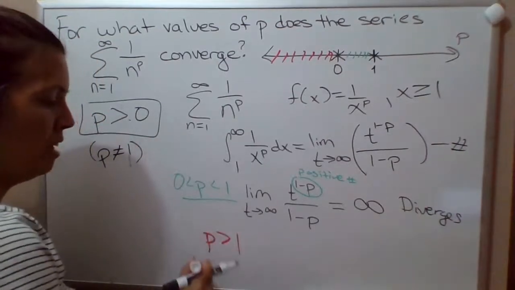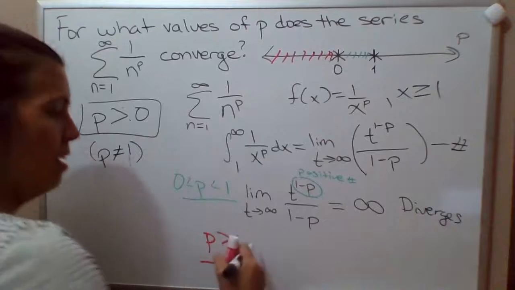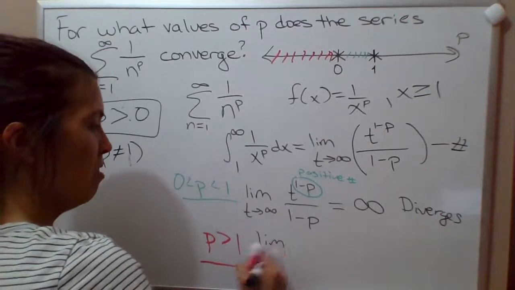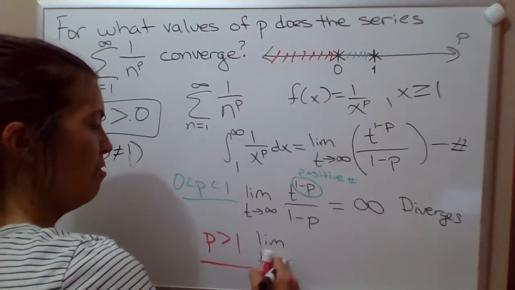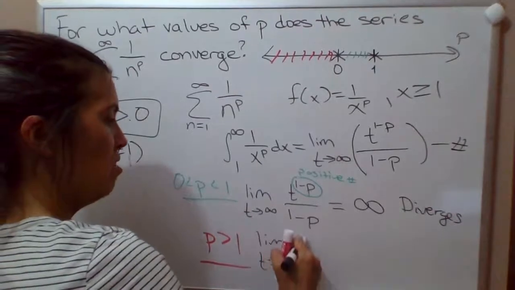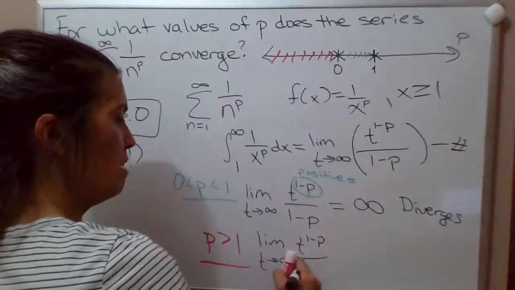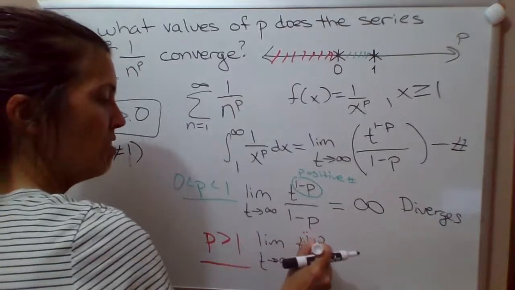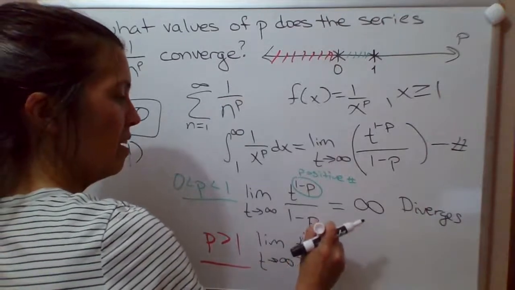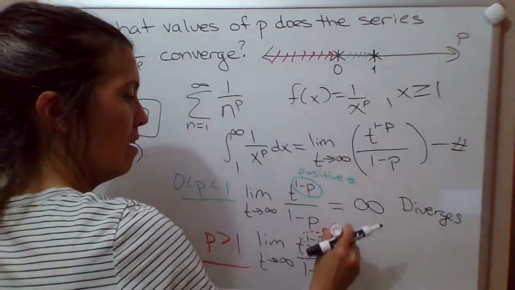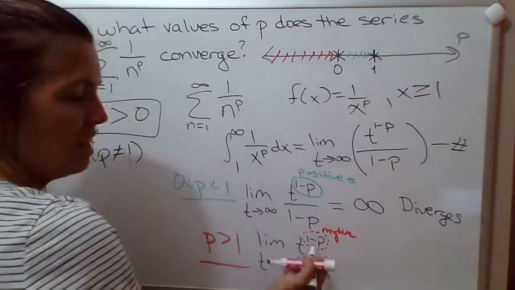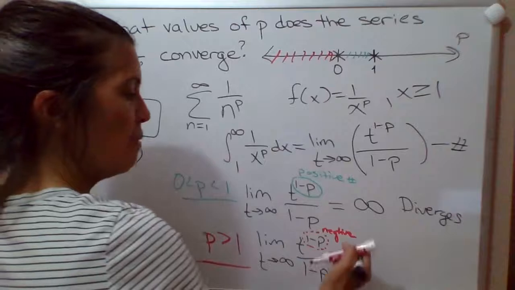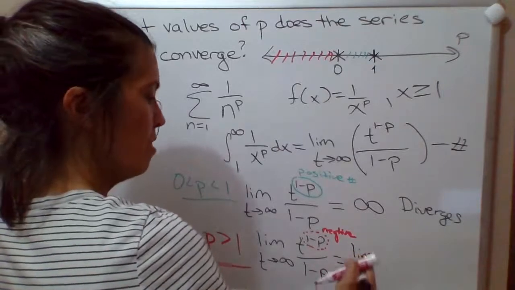If p is strictly greater than 1, then again, let's inspect this limit. The limit as t approaches infinity of t to the 1 minus p over 1 minus p. If p is greater than 1, then this right here is a negative exponent, which means if I see a negative exponent, I would move it to the denominator and make it positive.